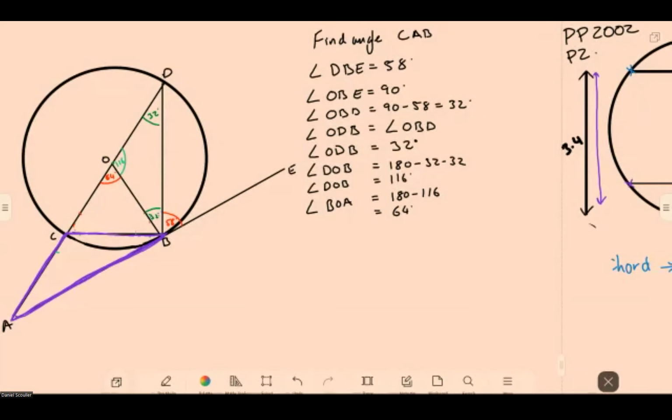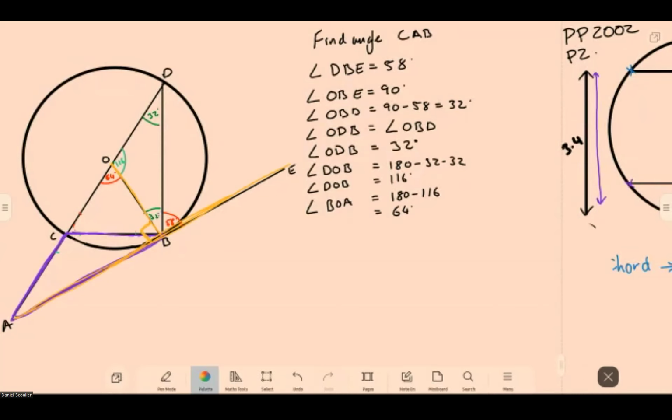So what he's done there is O to B is a radius. That radius meets the tangent, but that creates a 90-degree angle in here. Now we've got a 64-degree angle and a 90-degree angle, therefore we can find the missing angle.